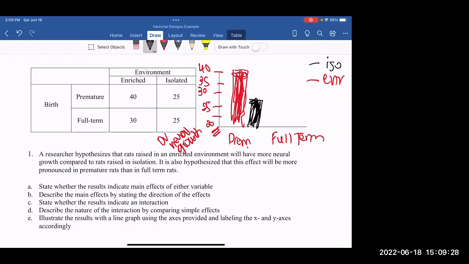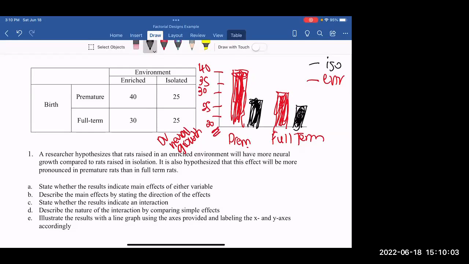And then for full-term rats, the enriched was 30, and the isolated was 25. Okay.